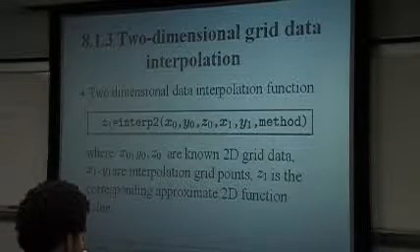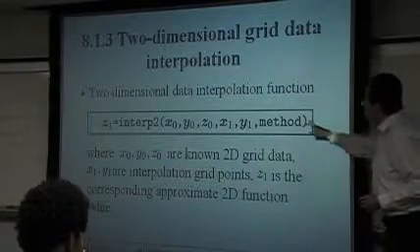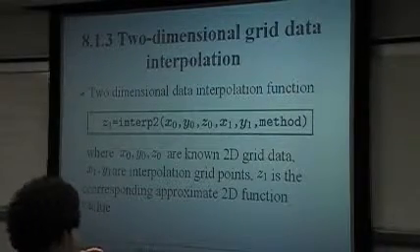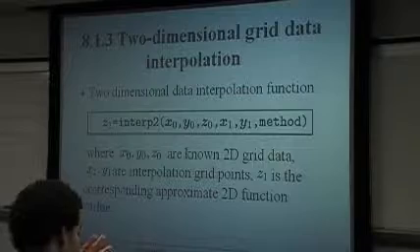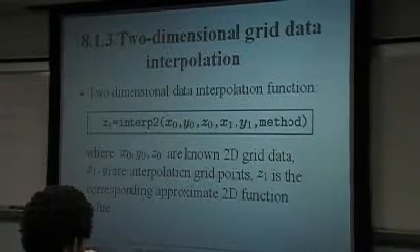And again, that's the method, and again, I assume that we had better use the linear option. By calling this function, we can find the interpolation value z1 from it.